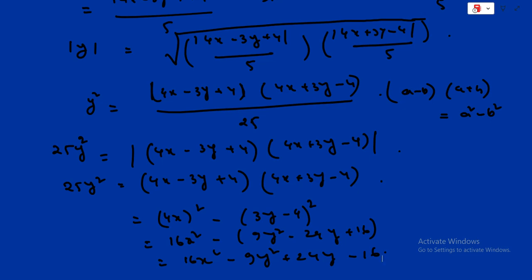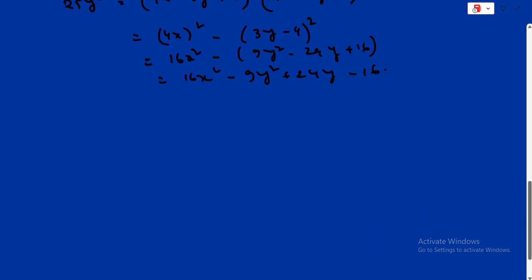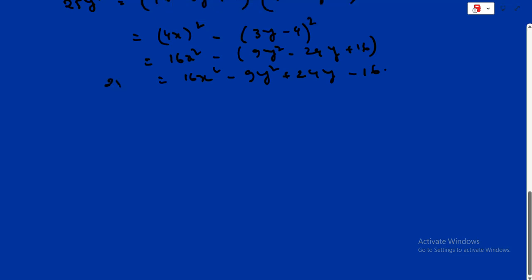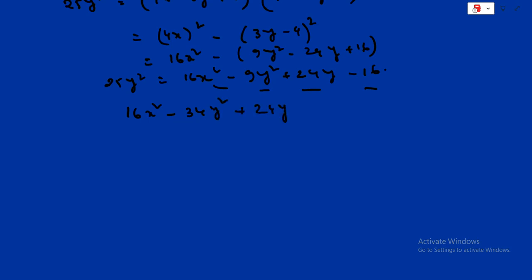Okay. Now we get 25y square equal to 16x square - 9y square + 24y - 16. Now bring everything on the left side. So we get 16x square - 34y square + 24y - 16 equal to 0.